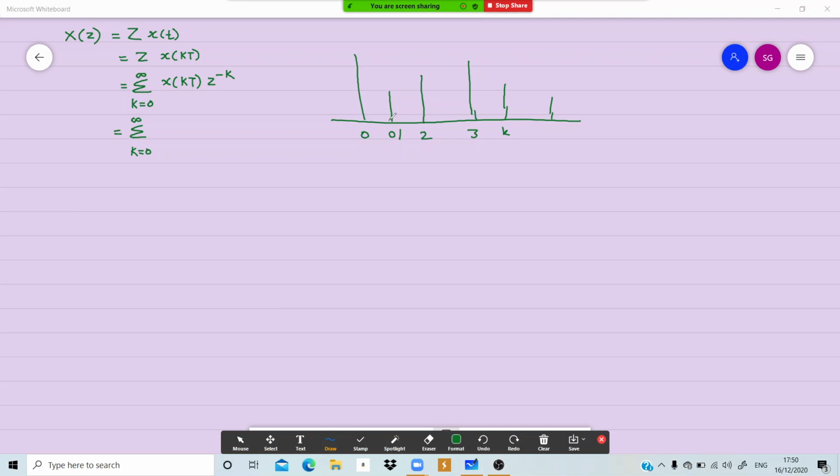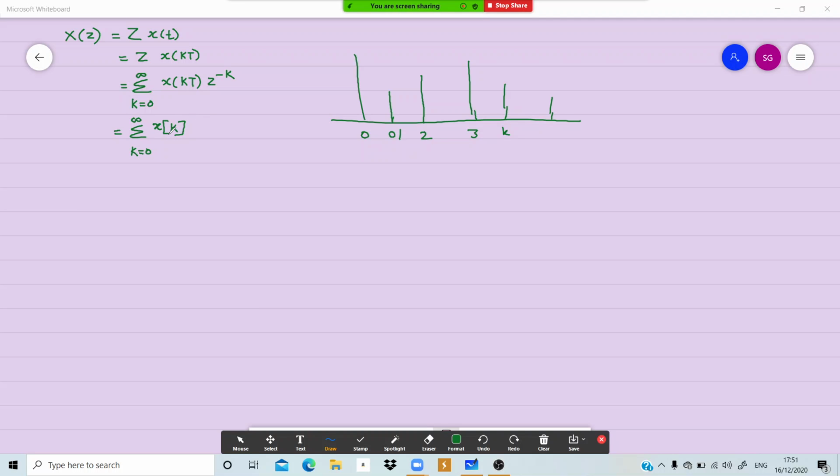So instead of writing in terms of time, we'll write it in terms of the instances, and I can represent the instantaneous value for that particular instance as x of k.